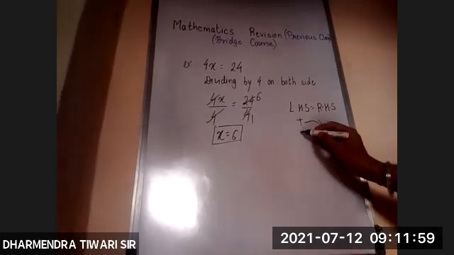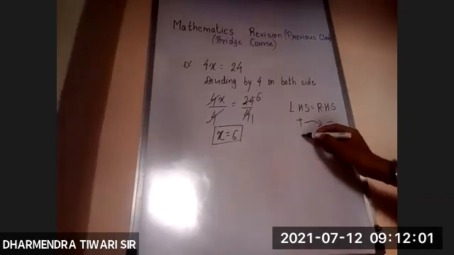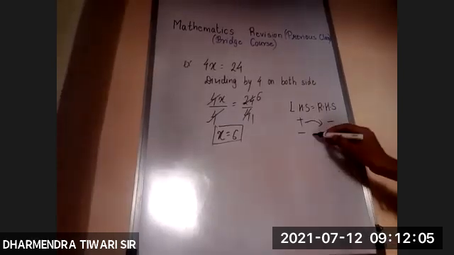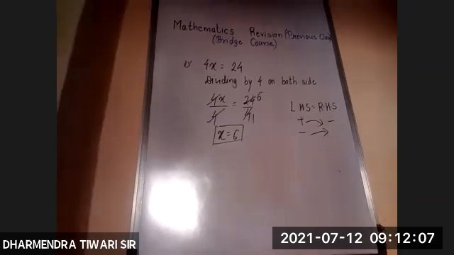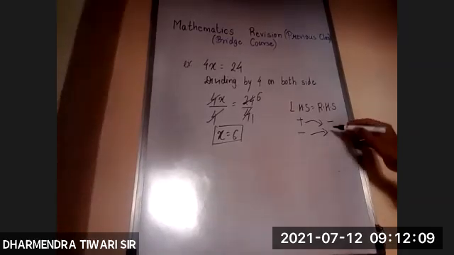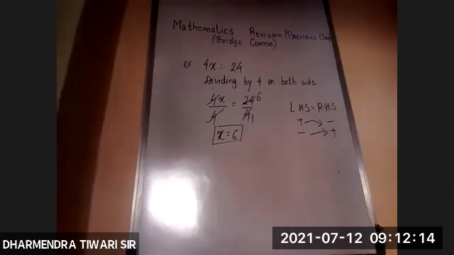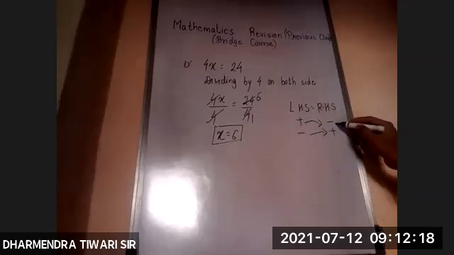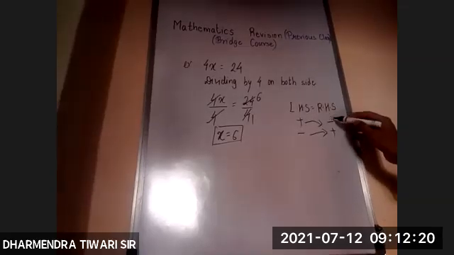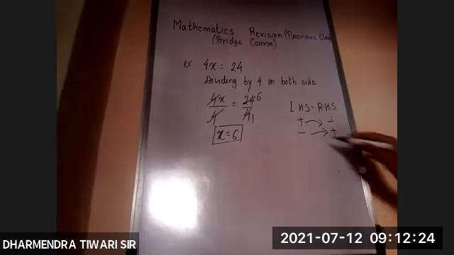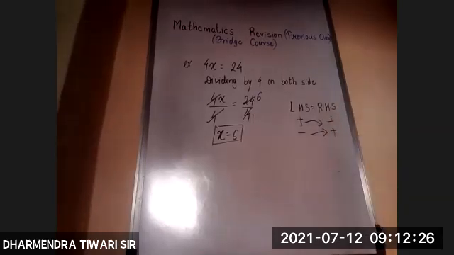Any number along with x having a minus sign, when taken to the right hand side, will take the form of plus. This is true vice versa too. Taking numbers from right hand side to left hand side, minus to plus and plus to minus.